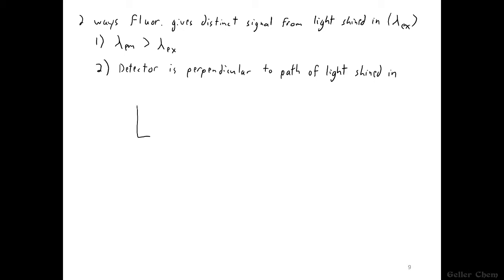So here's what I mean by that. Imagine that we have a sample in a cuvette and we have a light source that's shining in light. And let's say that some of that light is absorbed and some of it makes it out the other side. And then let's say that this sample is fluorescent, and when it re-emits light, the wavelength that primarily comes out is red.